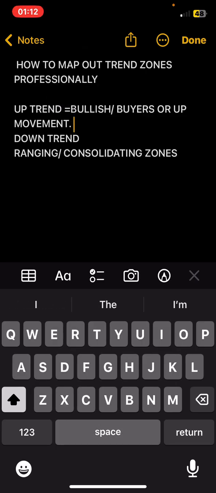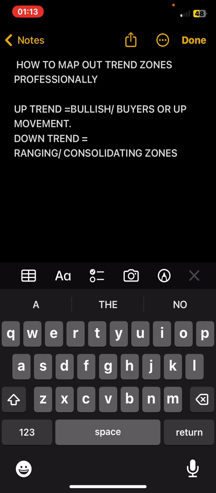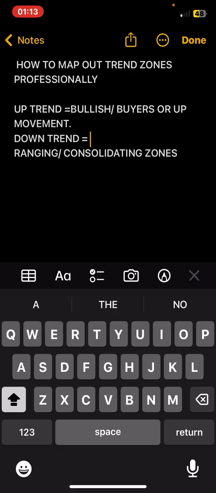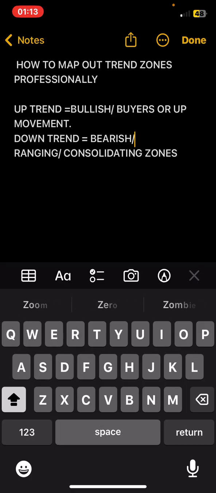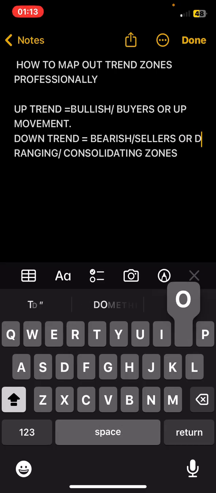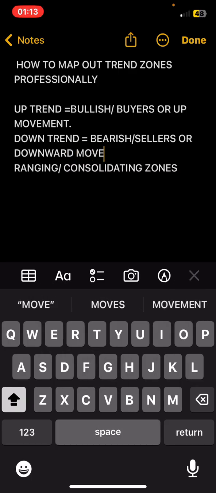And the downtrend is the opposite of the uptrend. The downtrend can also be called bearish, or sellers or downward movements.